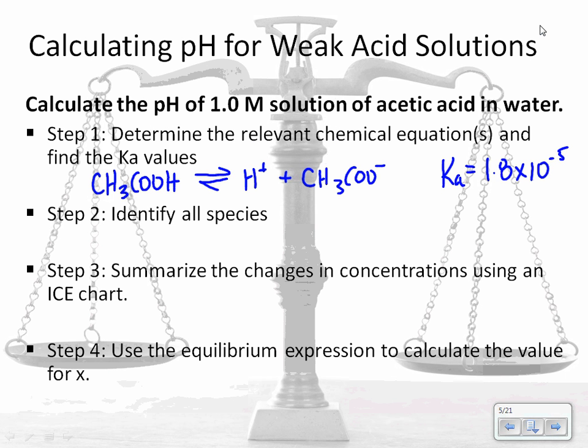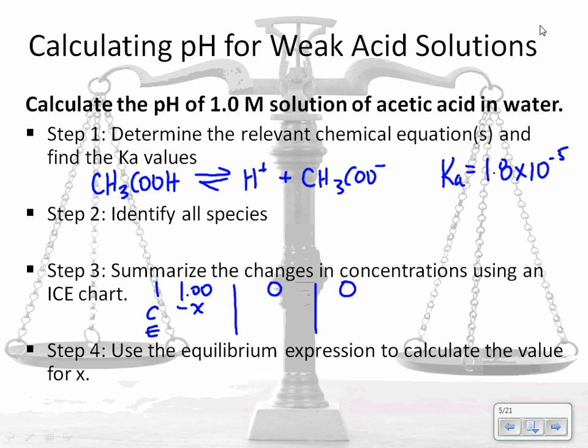So in my ICE chart, I don't have a lot of space to write this in here. I'll just do my 3 columns. My initial concentration was, oops, not 0.1, 1 molar. 1.00, and my initial concentrations of my products were 0.